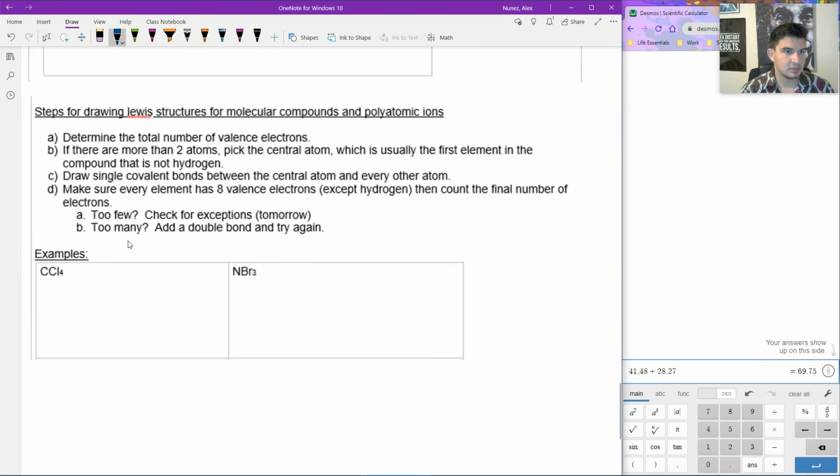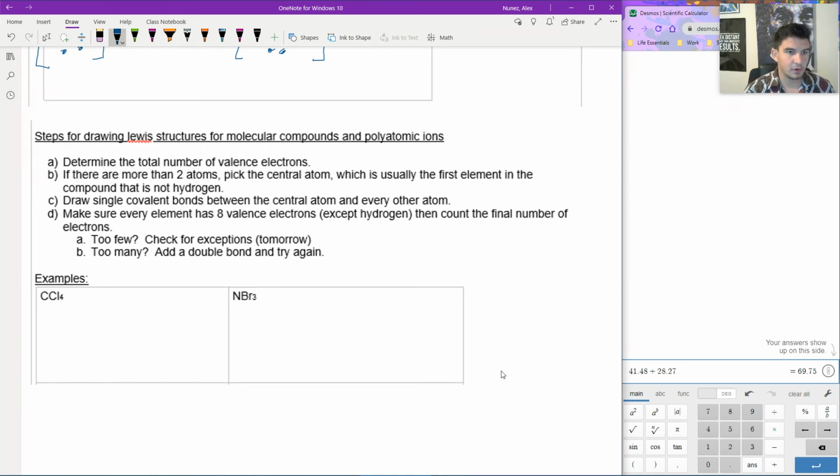The other way that we can do this is for molecular compounds. In molecular compounds, remember, this is a nonmetal plus a nonmetal. So I'm going to put carbon in the middle here, chlorine all around it. Carbon has 4 valence electrons. 1, 2, 3, 4. Each chlorine has 7. These are both nonmetals, which you can confirm in your periodic table.